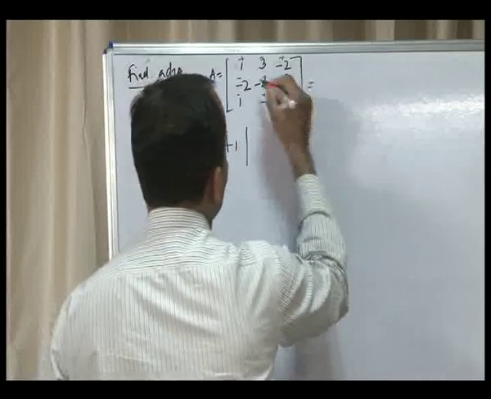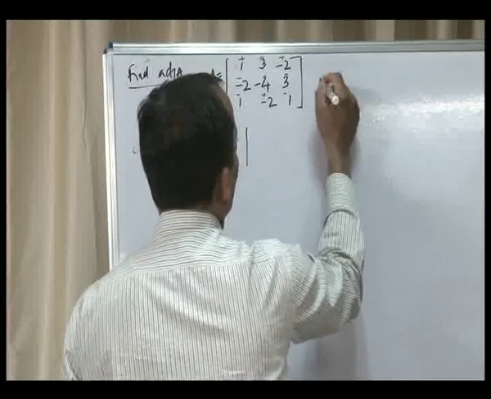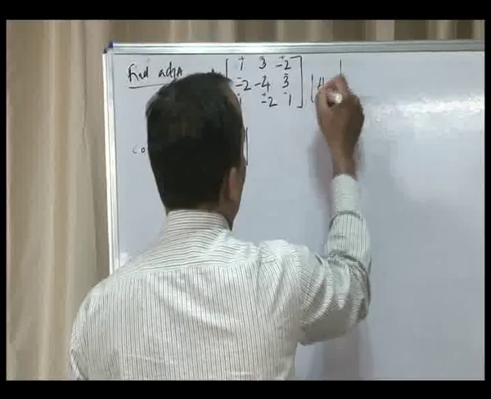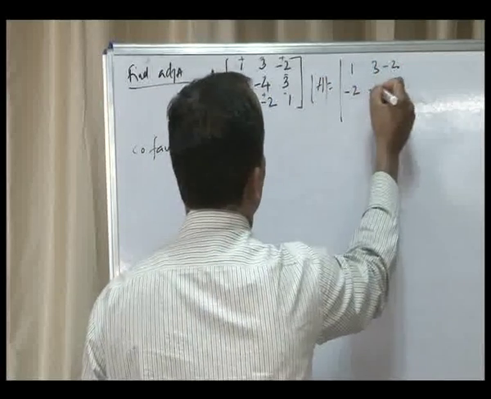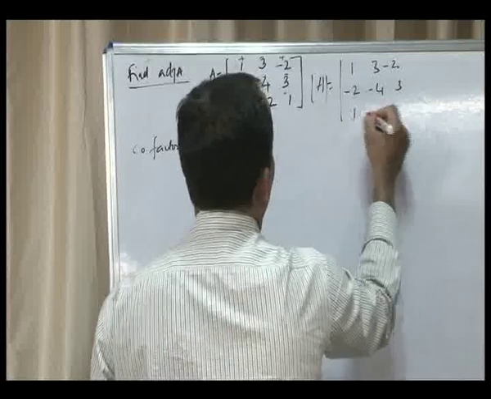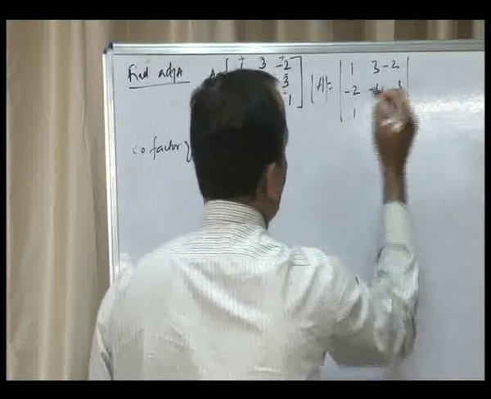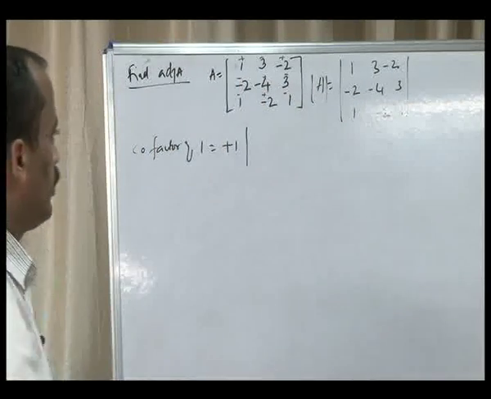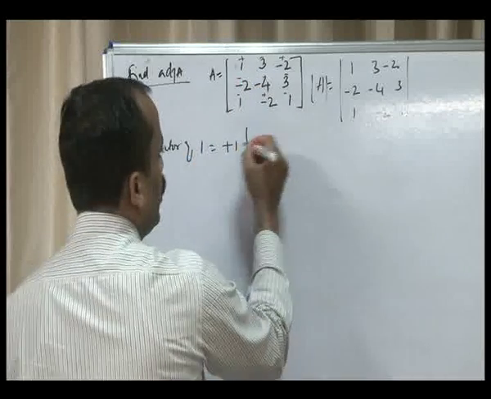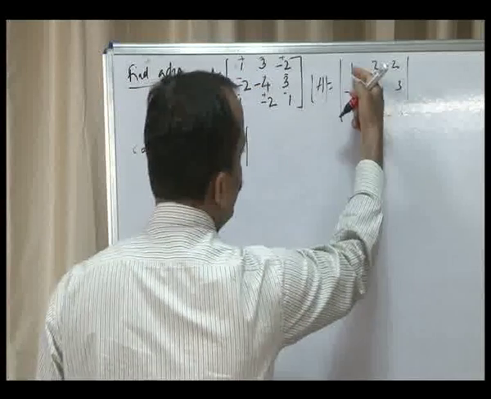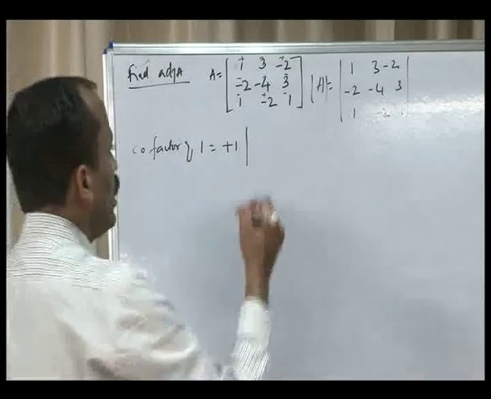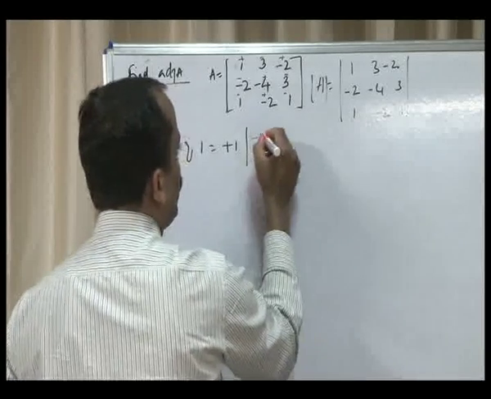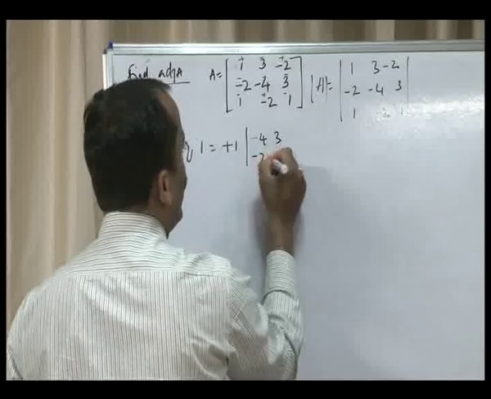Actually, we have to change this matrix into a determinant. So, determinant A is equal to 1, 3, minus 2; minus 2, minus 4, 3; and 1, minus 2, 1, and we have to multiply the proper signs. First plus 1 into. Neglecting the corresponding row and column of the element, we get a second order determinant: minus 4, 3; minus 2, 1.